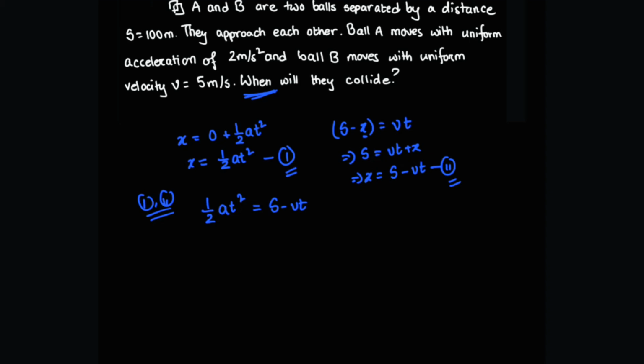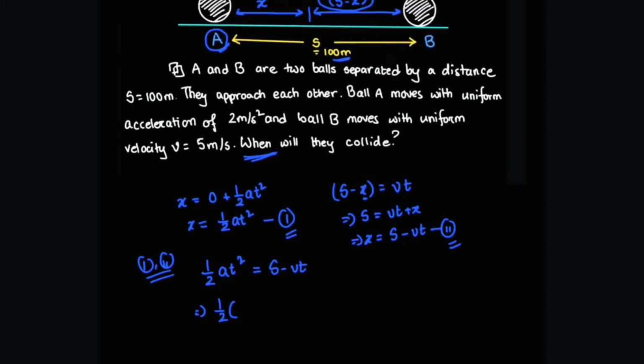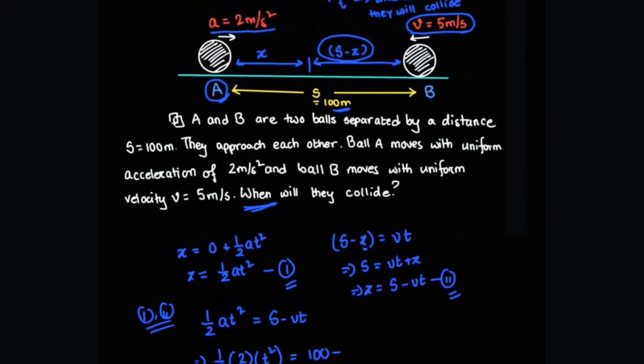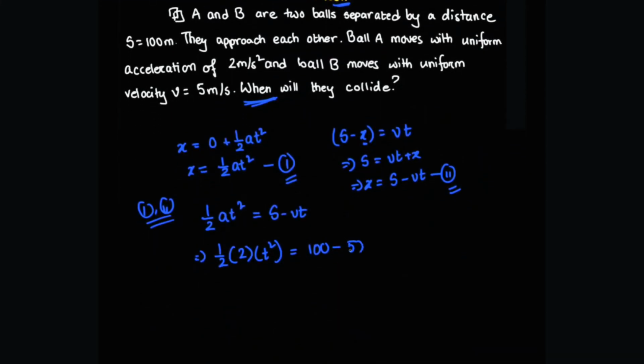The key is to form a quadratic equation of t. So we have that half times a, which is 2 meters per second squared, times t squared is equal to 100 minus v, which is 5 meters per second, times t.